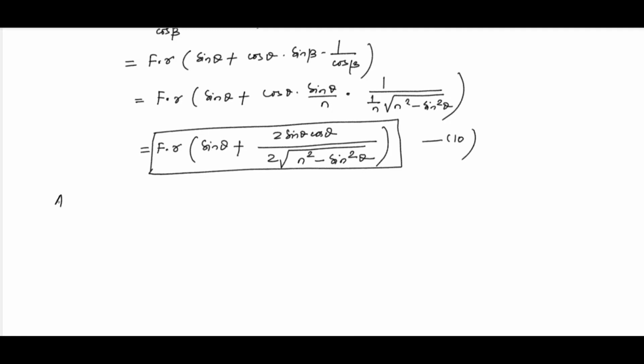Also, we can represent this T simply as Ft into R, which is F by cos beta into R sin theta plus beta.